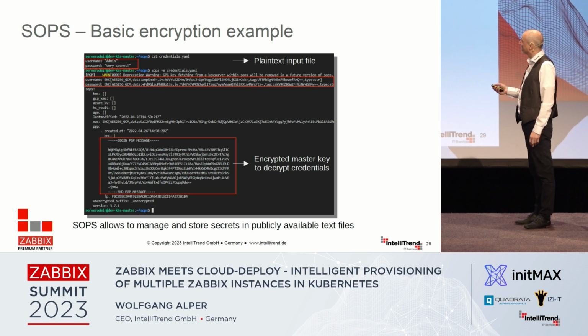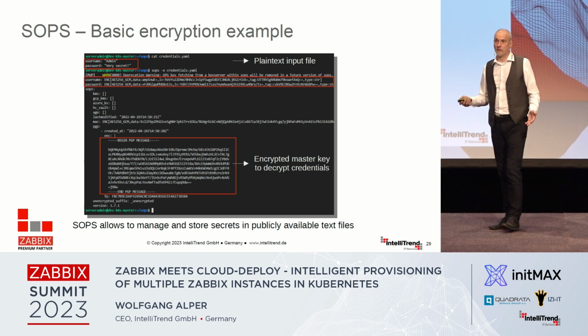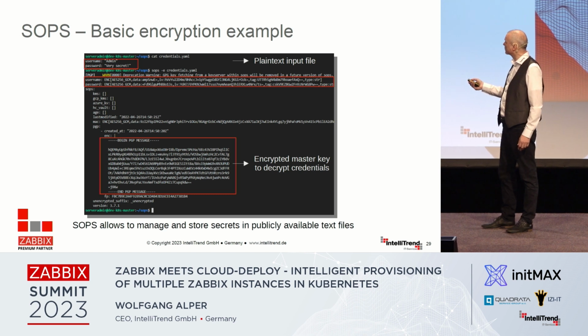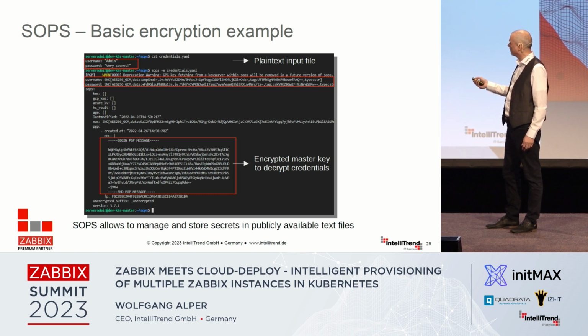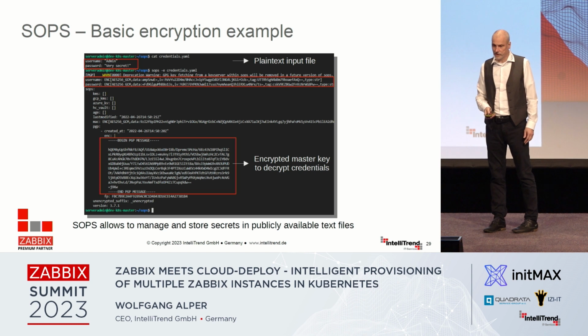Let's say we have a file, credentials.yaml, a YAML configuration file with 2 keys, and we would like to encrypt it. Then we run sops -e, which will perform the encryption. SOPS will create a file, which is this one here. You see it's much longer. We see that our keys are now encrypted with meta information.